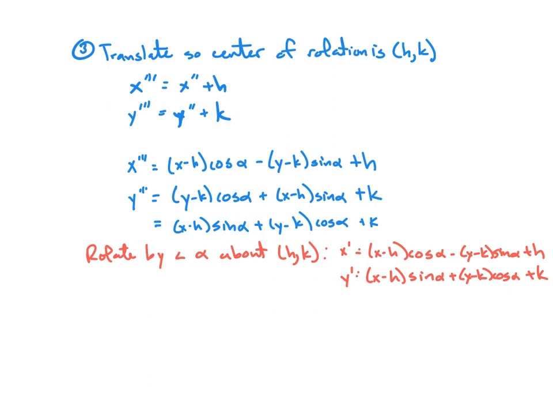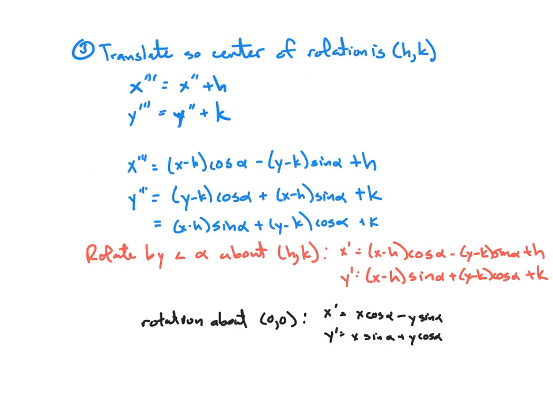Now, one nice thing about this, before I let you go, is that if we have rotation about the origin, which was the easy case we talked about earlier, rotation about (0, 0), you have x prime equals x cosine alpha minus y sine alpha, and y prime equals x sine alpha plus y cosine alpha.